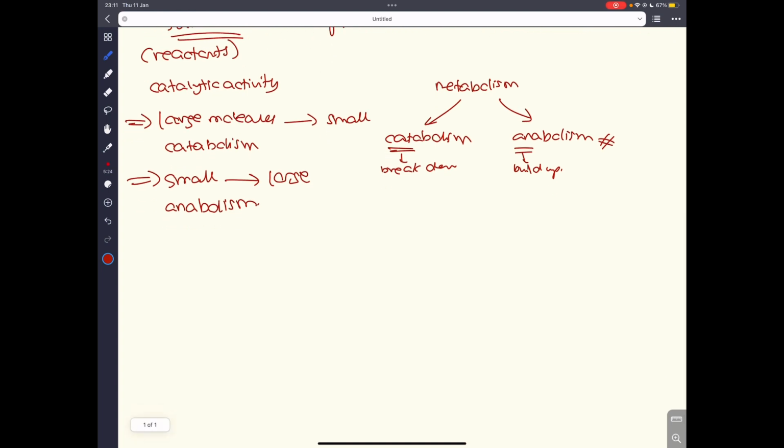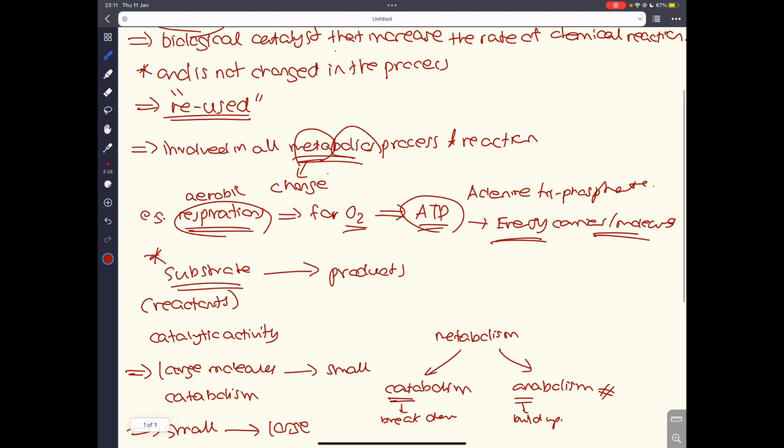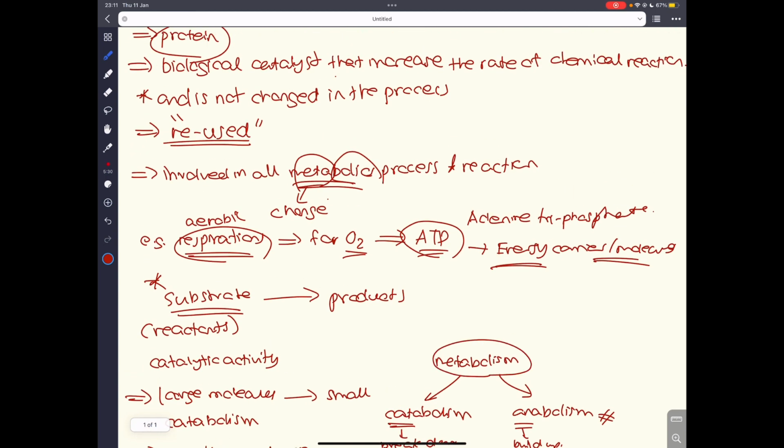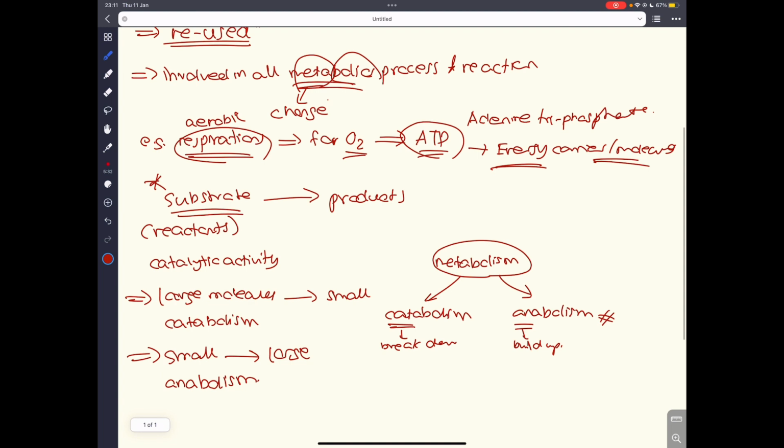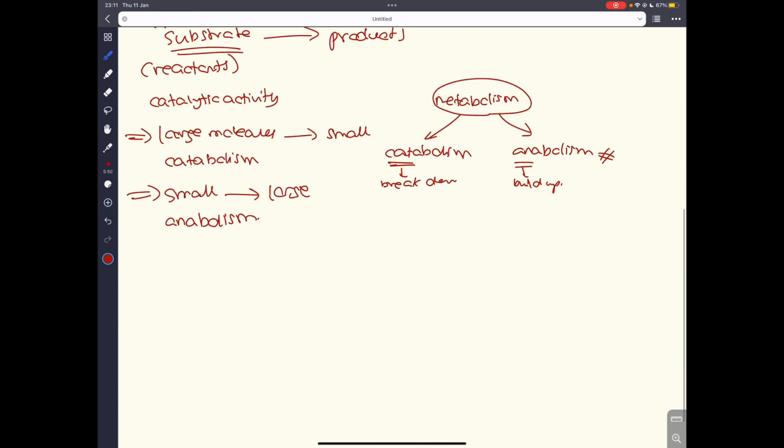So now that you understand that enzymes are very, very essential molecules that are important for the metabolic process or metabolism reaction, and they function as biological catalysts, they increase the rate of reaction. Now, if enzymes were not here, then the reactions would take way longer than usual, and our bodies would not function as they are supposed to function.